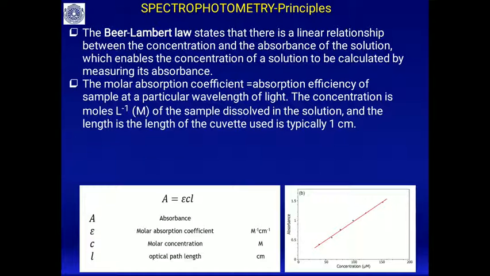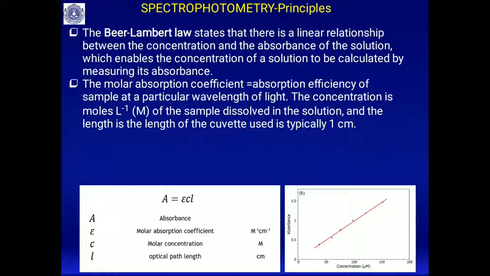Then we have to apply the Beer-Lambert law to calculate the concentration. What exactly is the law? It states that there is a linear relationship between concentration and the absorbance of the solution. Depending on the concentration, the sample absorbs light, which enables the concentration of the solution to be calculated by measuring the absorbance.